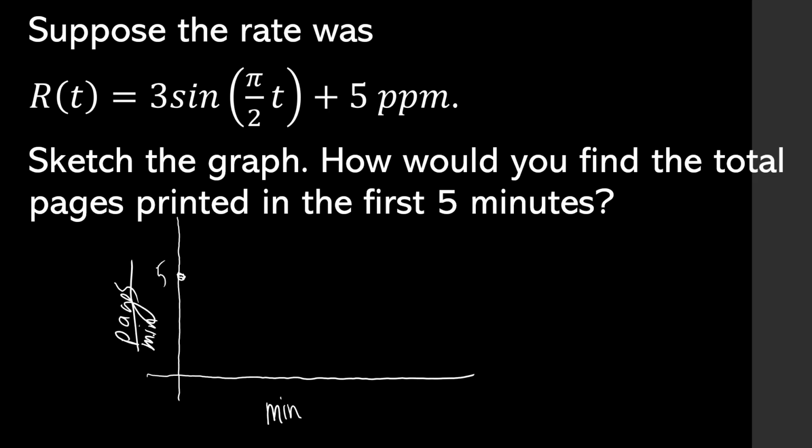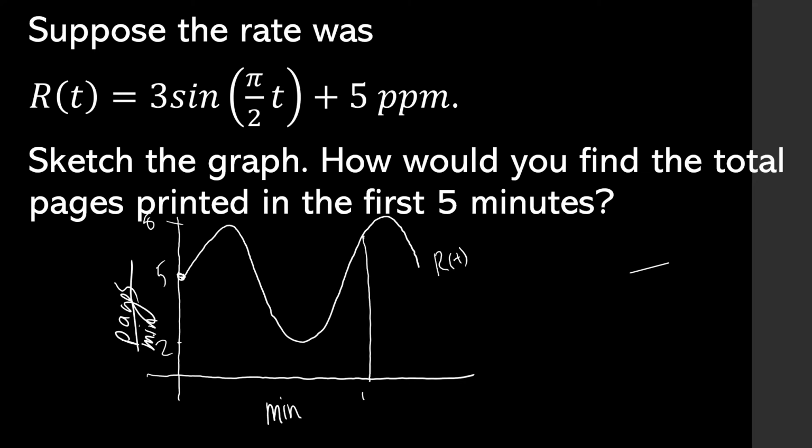So that's 5, maximum of 8, minimum of 2. And R of t looks something like that. Now, it doesn't exactly matter where time equals 5 is. Let's say it's there.